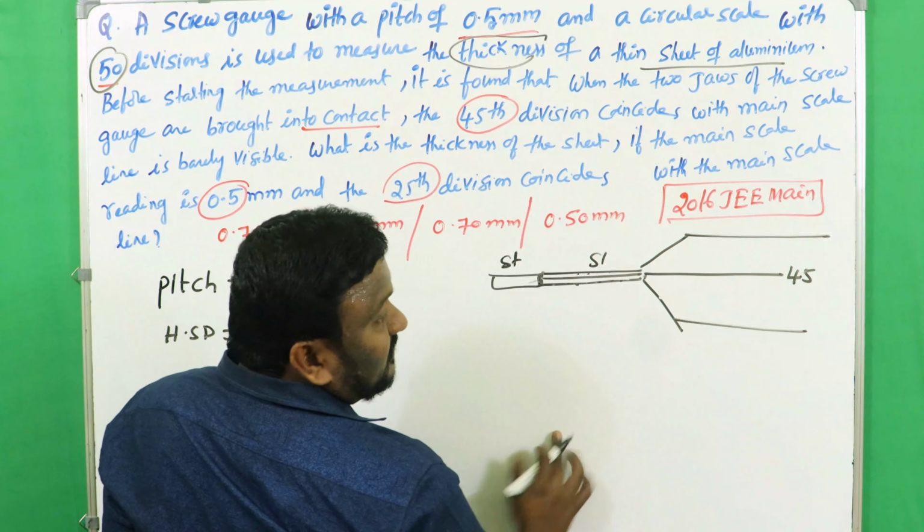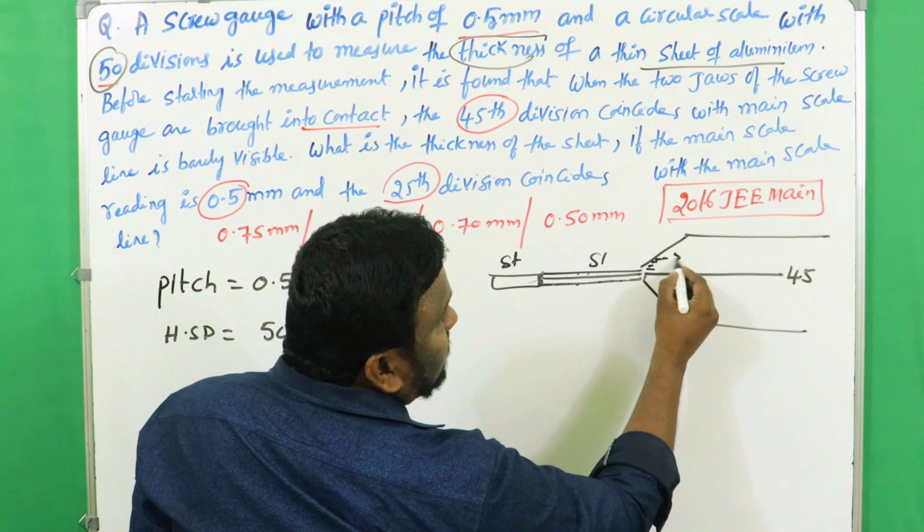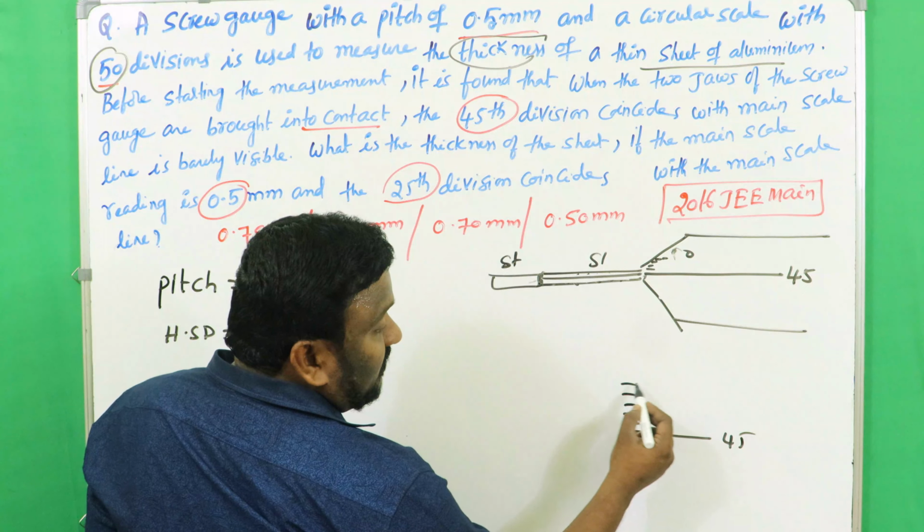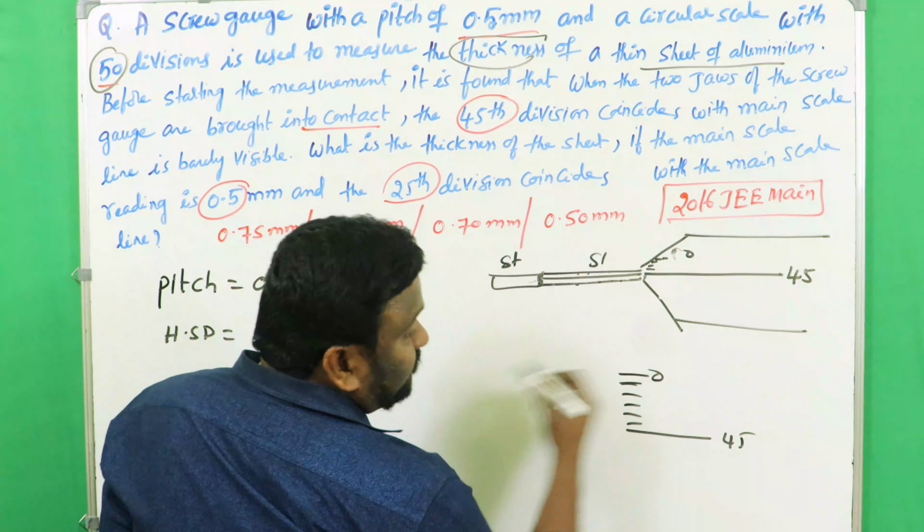Clear? So how many total divisions are there? It is the 45th one. Total divisions given are 50. So 46, 47, 48, 49, 50, and then it is again 0.